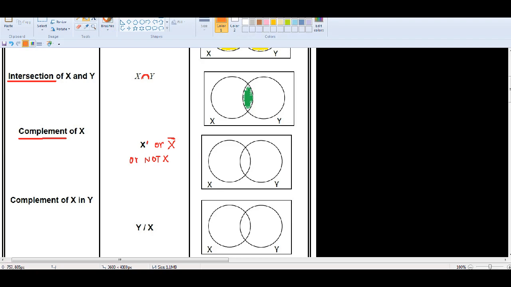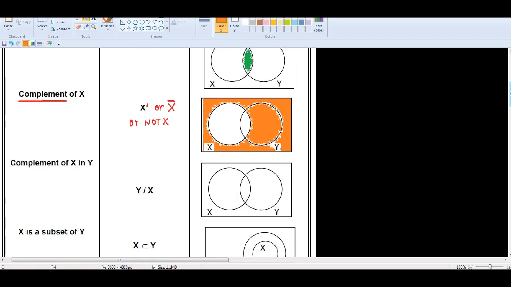So not in X means here, around here and also here. That means all the elements except those in X. So that's what we call complement of X.